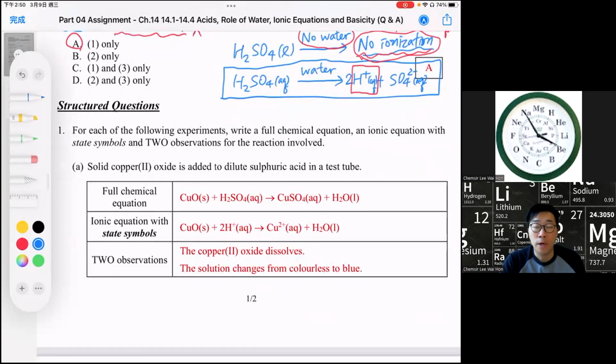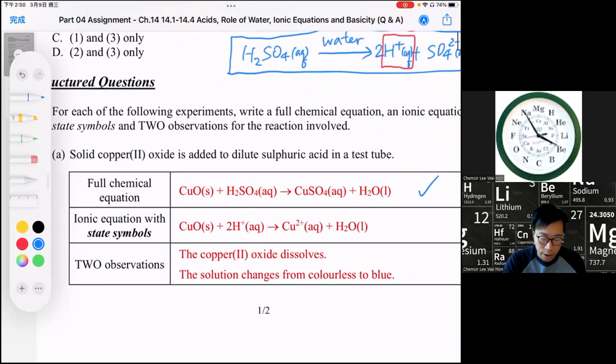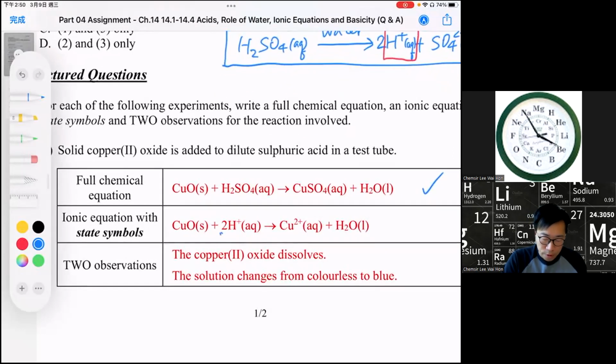In question number 1, you are required to complete this table. First of all, I found most of you performed very well writing this full chemical equation. And for the ionic equation, most of you performed very well. Some of you were careless and did not balance the equation here.